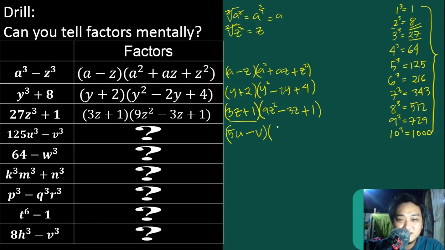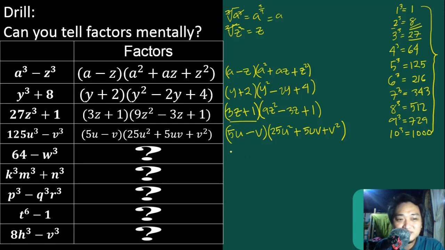Times the trinomial. 5 times 5 is 25 u squared plus 5uv plus v squared. Tingnan natin kung tama tayo. Ayun, so tama po tayo.